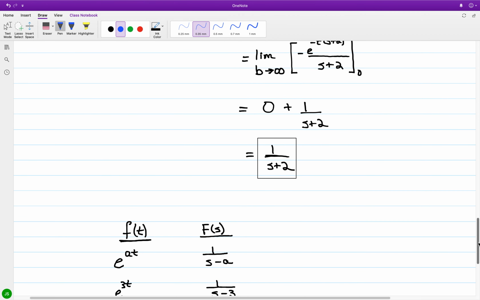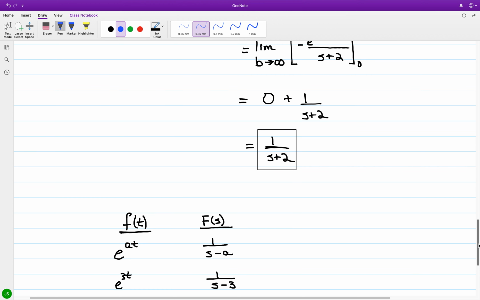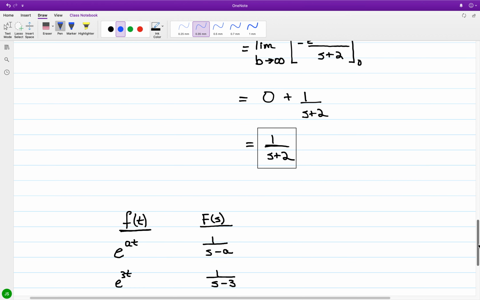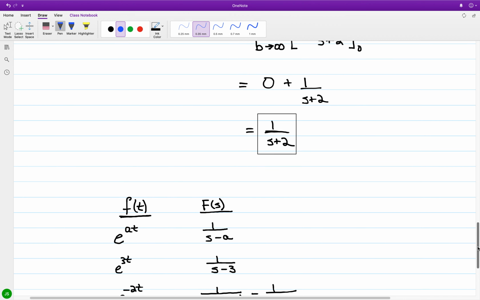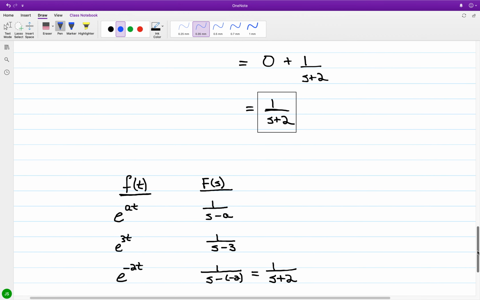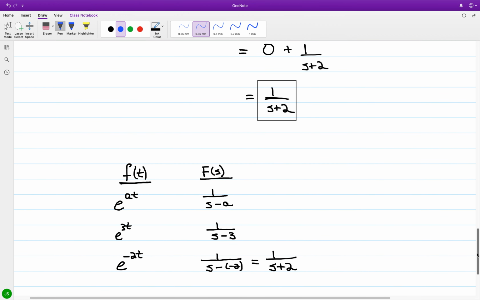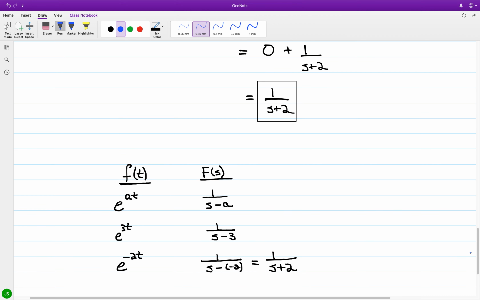Going back to what we had earlier, whenever we had e to the 3t, we have a represented by 3, and so the Laplace transform comes out to the reciprocal of s minus 3. And when we had e to the negative 2t, your a value is negative 2. For the Laplace transform, we have 1 over s minus negative 2, which translates out to the reciprocal of s plus 2.